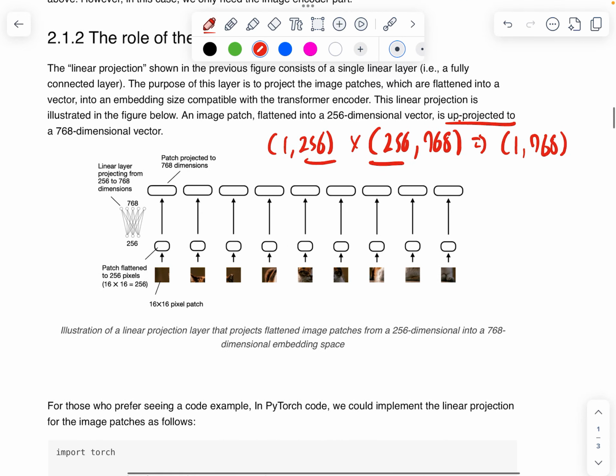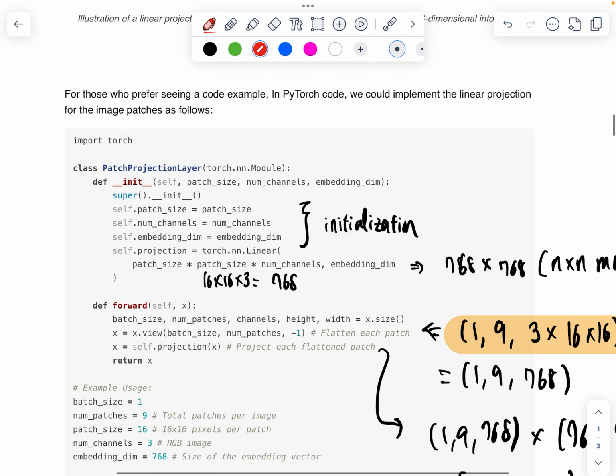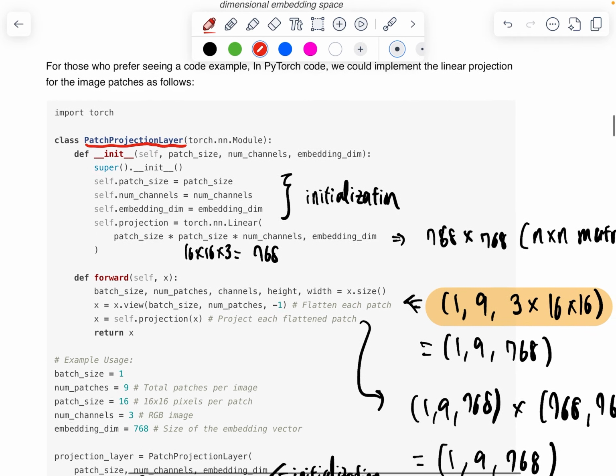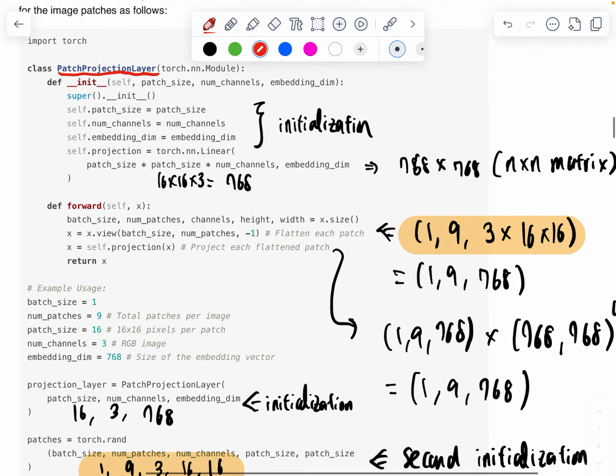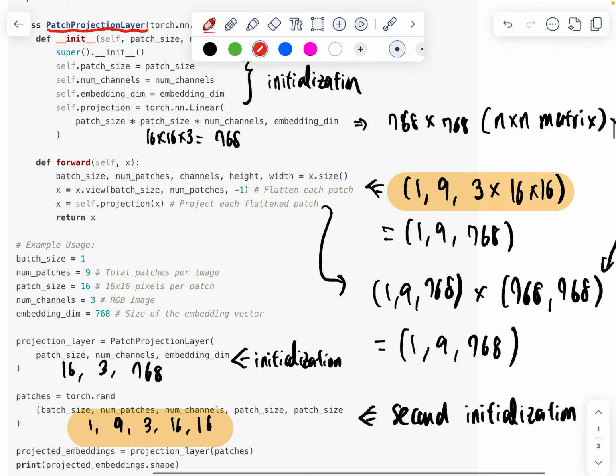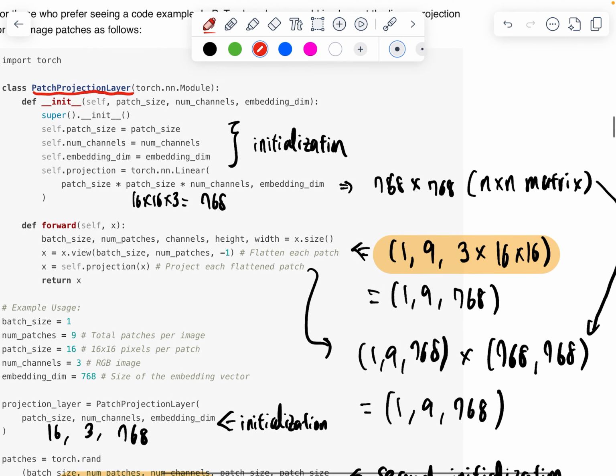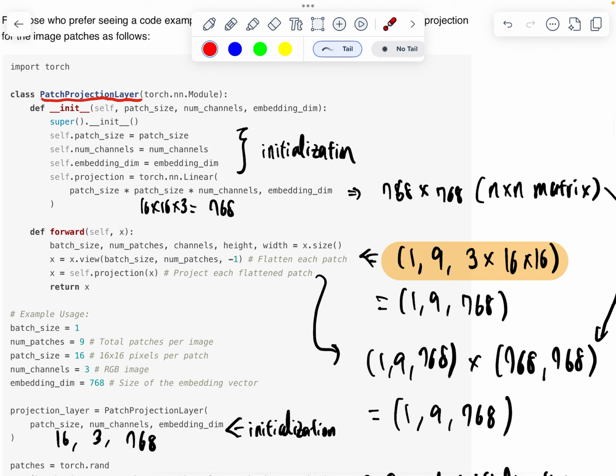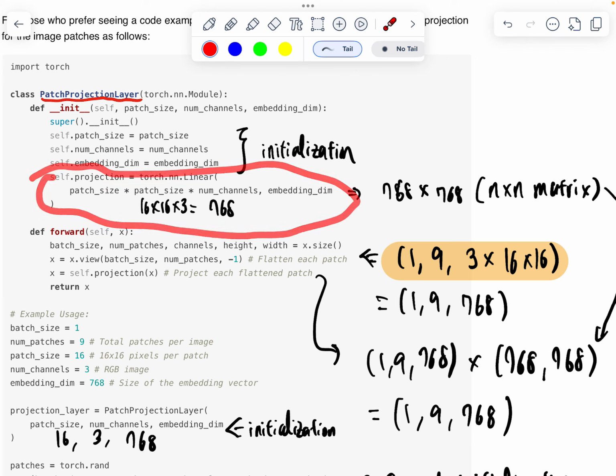So he basically talks a little bit about the PyTorch code that does this. He talks about a patch projection layer. It has multiple steps, the initialization, which has 2 parts, and then you have the forward multiplication. So here, if you look, you have the patch size, num channels, embedding dimensions, and then the projection is defined as such.